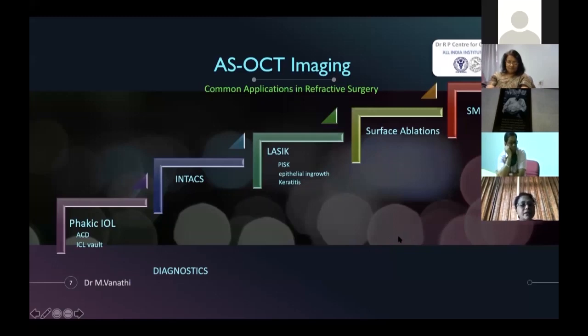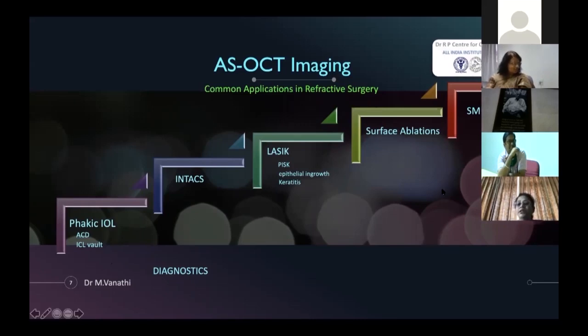In refractive surgeries, you could look at its applications in phakic IOL when looking at the anterior chamber depth calculation and the ICL vault. In LASIK, it is restricted to looking at the interface concerns here. And of course post-LASIK keratitis, where confocal is perhaps a better modality of imaging here.